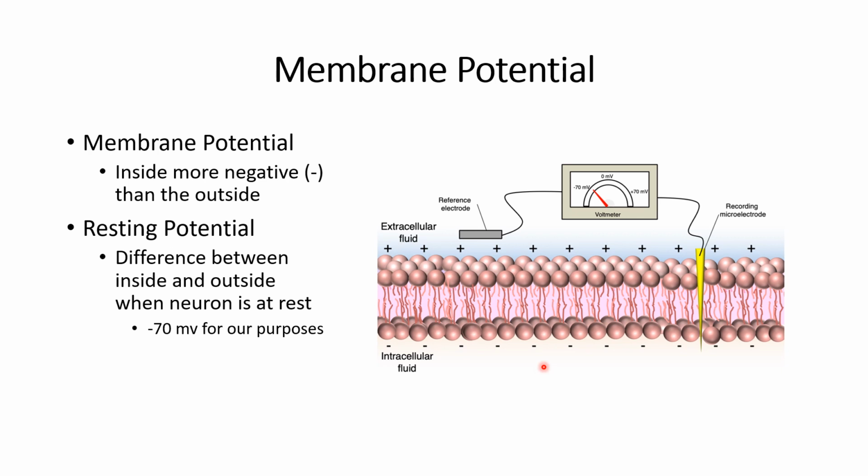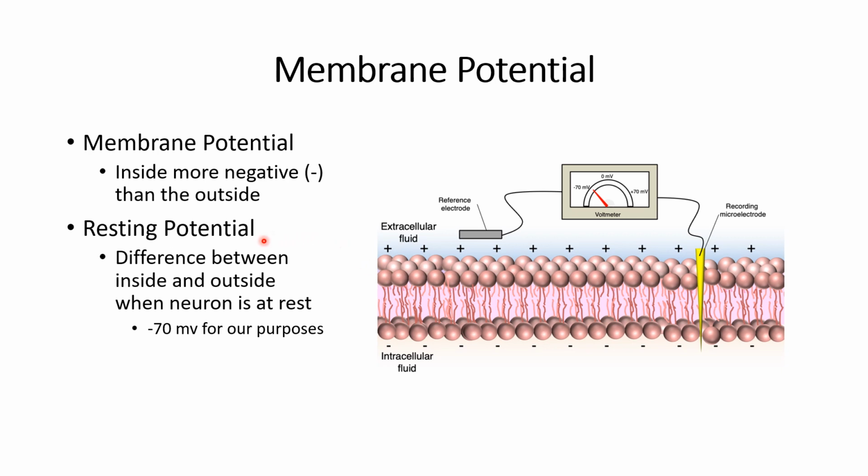The inside overall charge of the neuron would be more negative. Once again, this membrane serves as a barrier to help control the flow of things in and out of the cell.